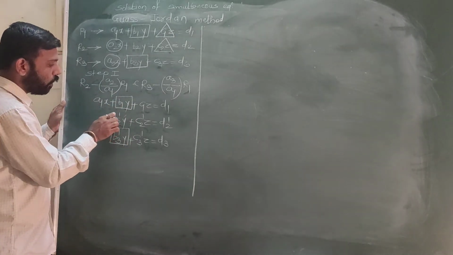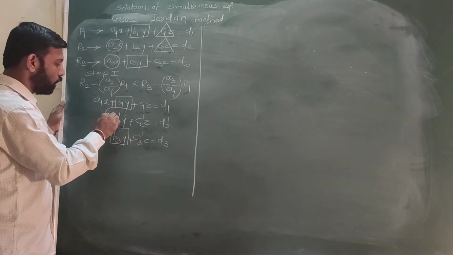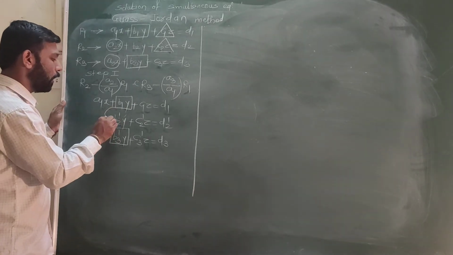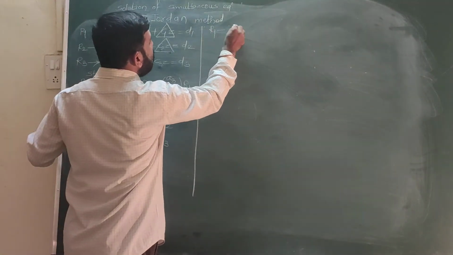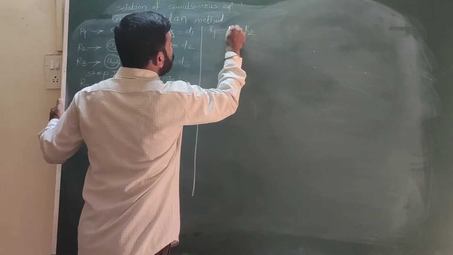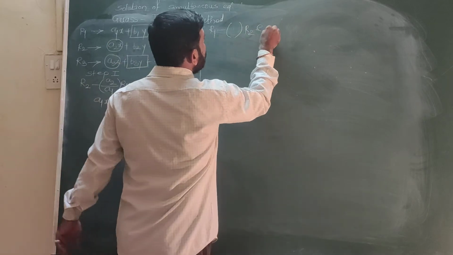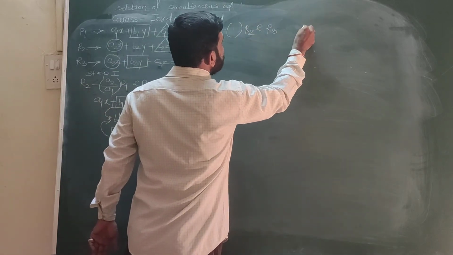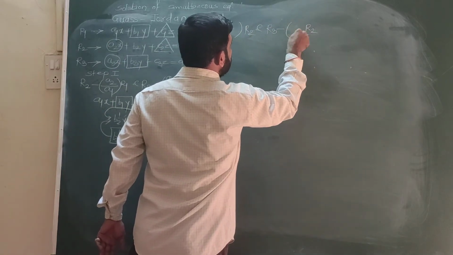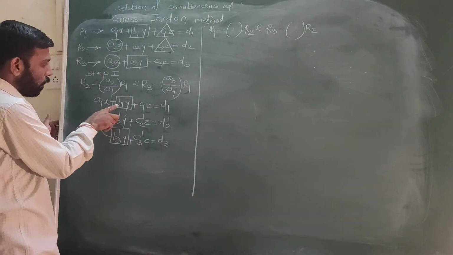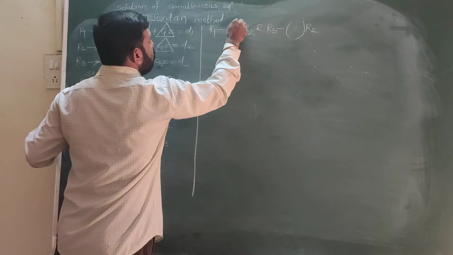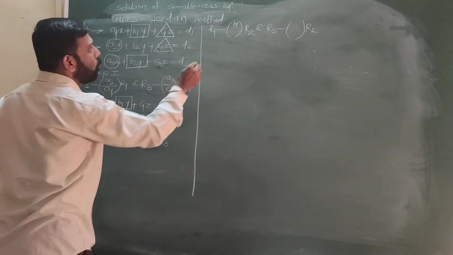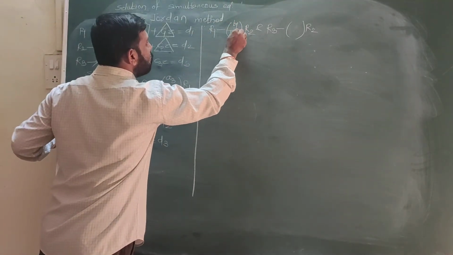In the next step, make these two elements 0 with this diagonal element. For these two elements, this is the diagonal element. So the operation becomes R1 minus R2 and R3 minus R2. Multiplying factor for R1 is b1 coefficient divided by b2 dash.